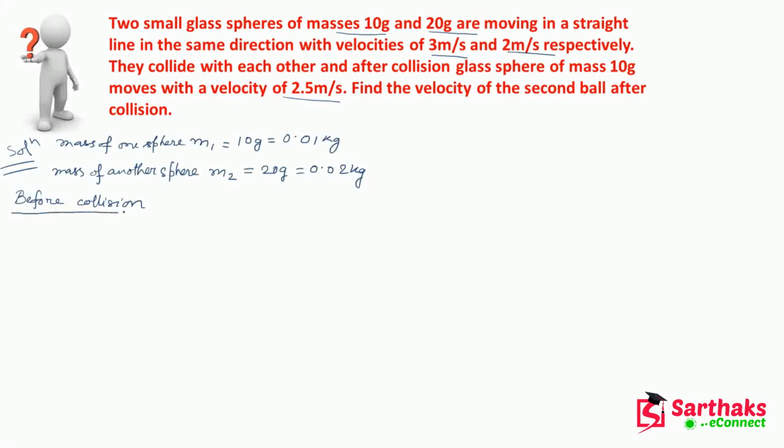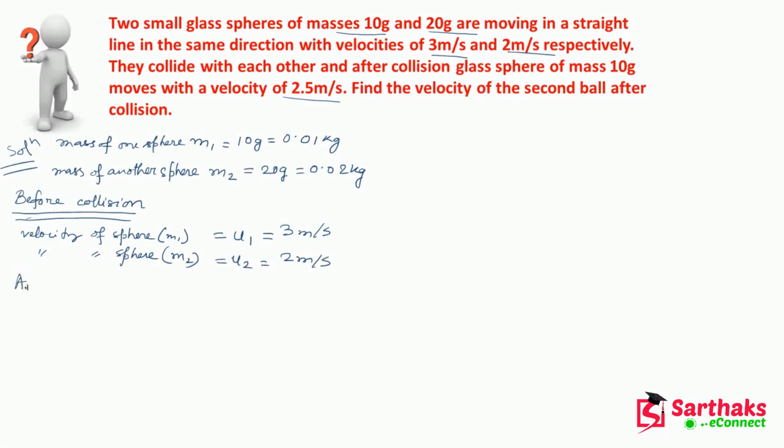Before collision, the velocity of the sphere having mass m1 is u1, which is given as 3 meter per second, and the velocity of sphere m2 is u2, given as 2 meter per second.